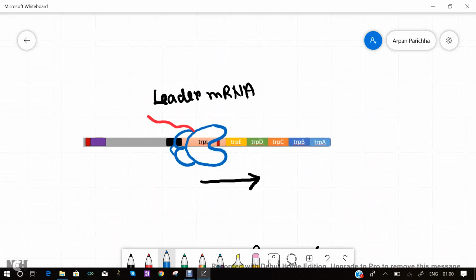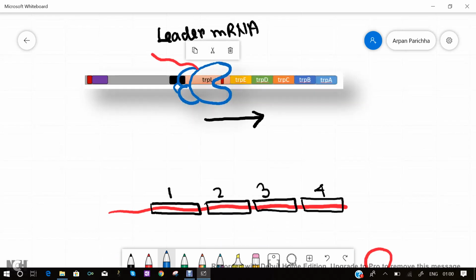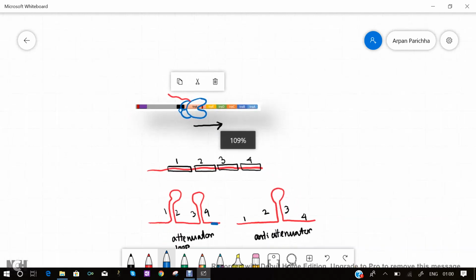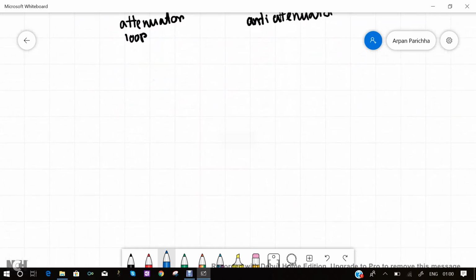The RNA polymerase has to traverse from the 5' to 3' direction in order to transcribe the downstream genes. Now, whenever the attenuation stem loop is formed, it has been correlated with high levels of tryptophan.